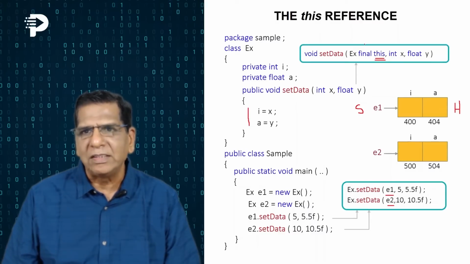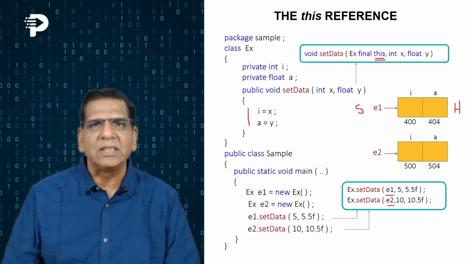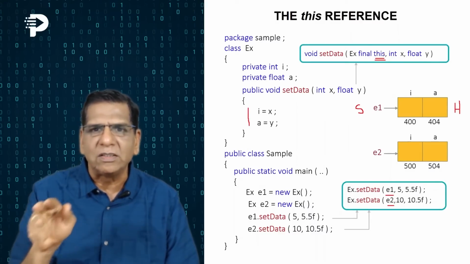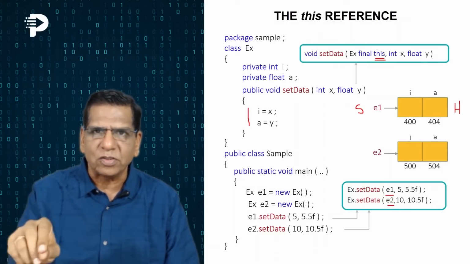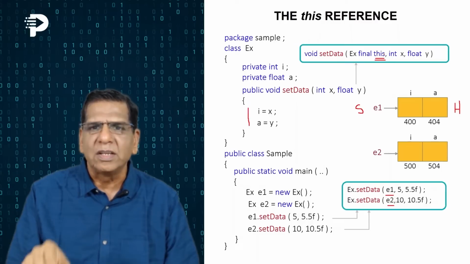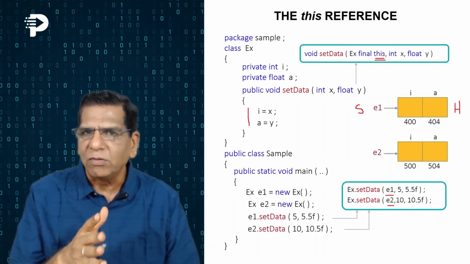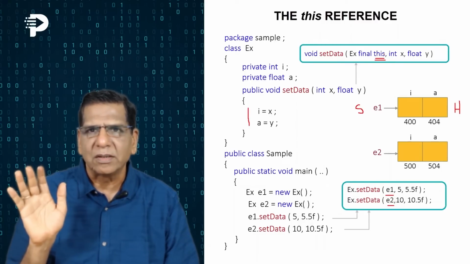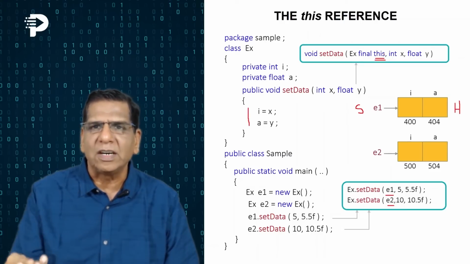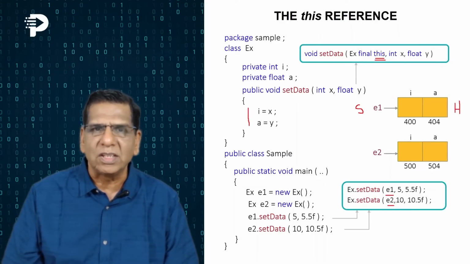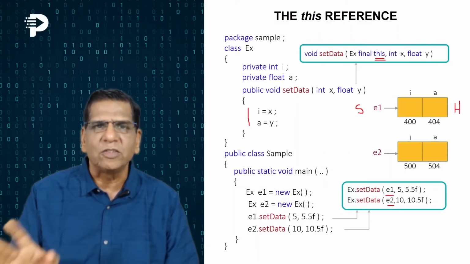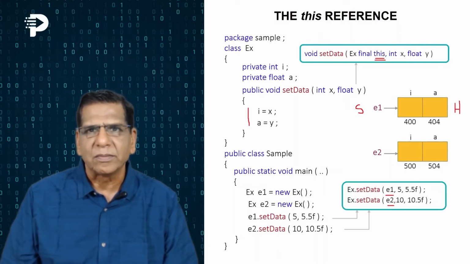And final is indicating that the value present in this cannot change during execution of the set data method. So if this is pointing to the first object, throughout the execution of the set data method, it will continue to point to the first object. In the second call, if this contains the address of the second object, then throughout the execution of set data during the second call, this will always point to the second object.